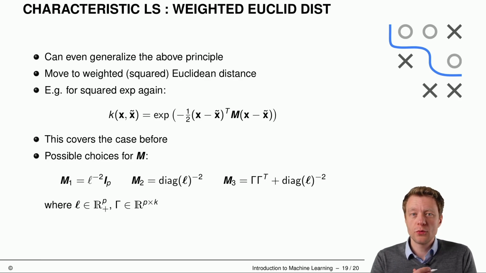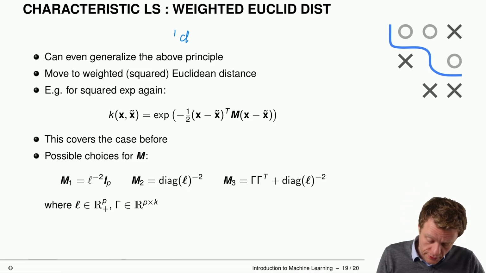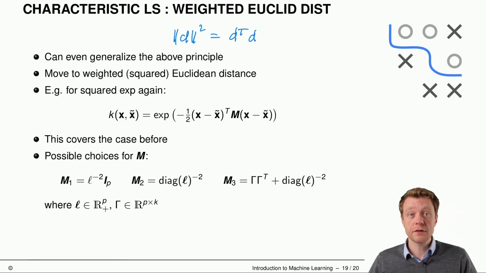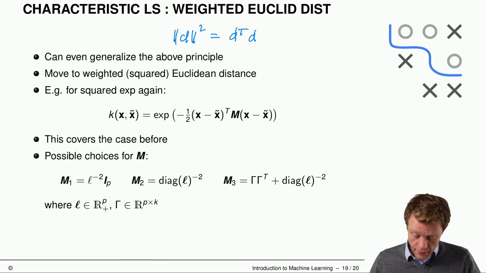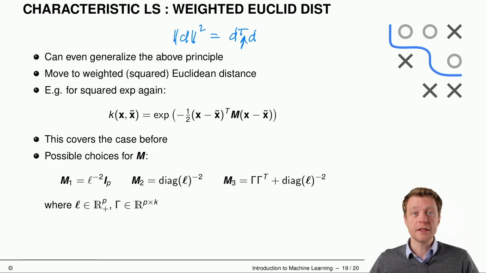Okay, so now we had characteristic length scales for each dimension, and we can of course write this down differently. The Euclidean norm is just some squared form. So we can generalize the principle even more. We can plug something between d transposed and d to generalize this even more.